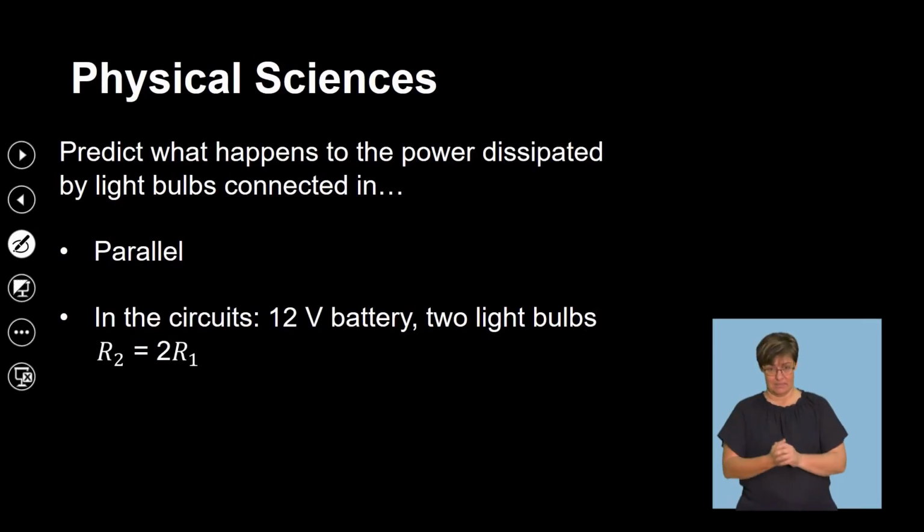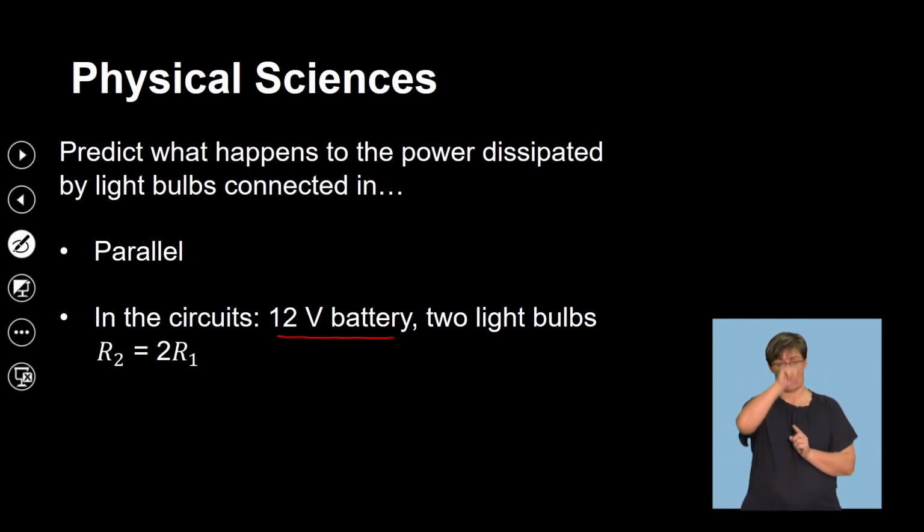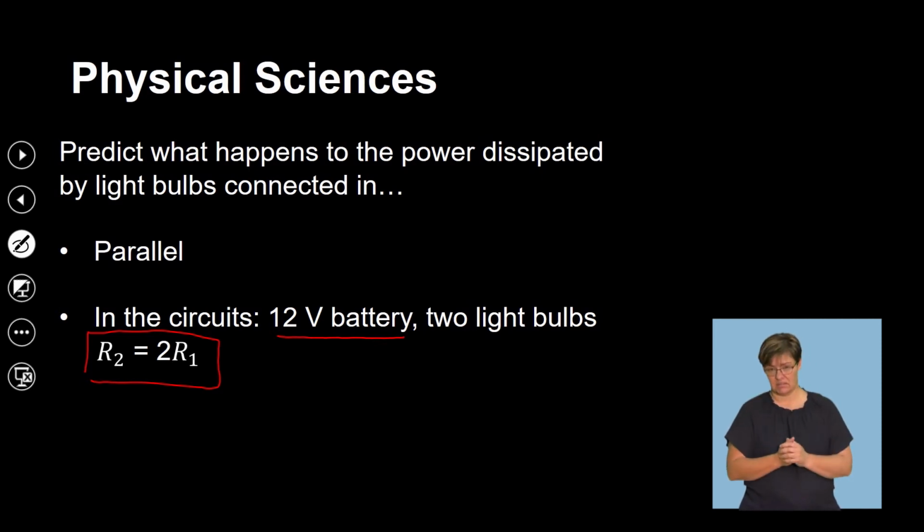So predict what happens to the power dissipated by light bulbs connected in parallel. In the circuit, we would use a 12-volt battery and two light bulbs. If light bulb 2 has a resistance of, let's say, 20, then R1 is going to be 10.